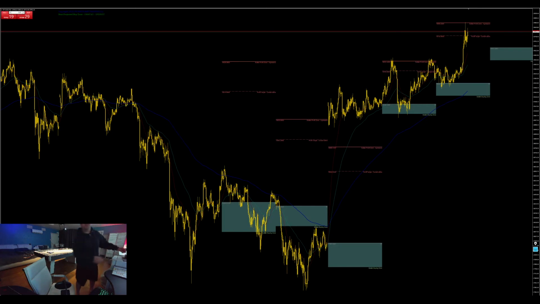Because right now there's not too much volume. This is not the breakout volume. As far as right now goes, I mean things can change, but as far as right now goes, that's not breakout volume. It's just sitting there.